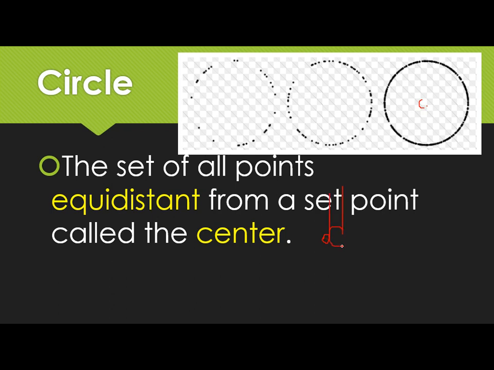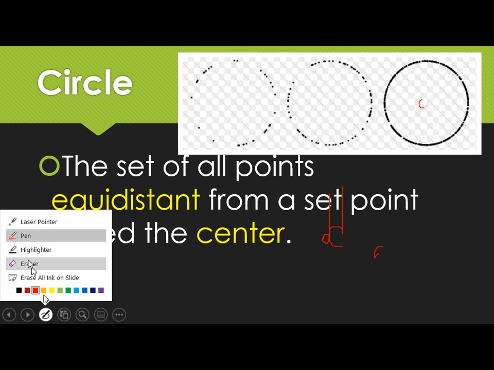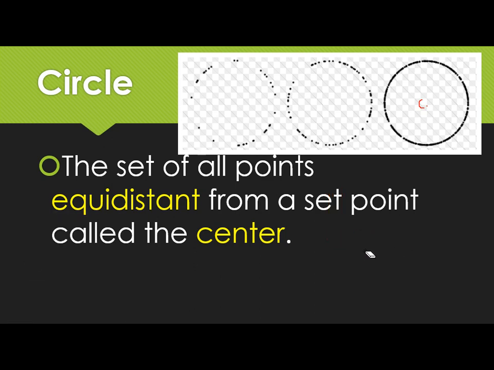Wow, that is not what I tried to draw. I will show you later. You will see it on the worksheet. I wonder if I can erase all of this. Oh, I can. Beautiful. We're going to move on.